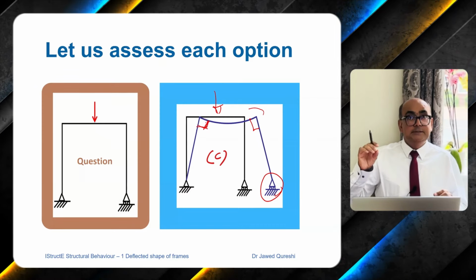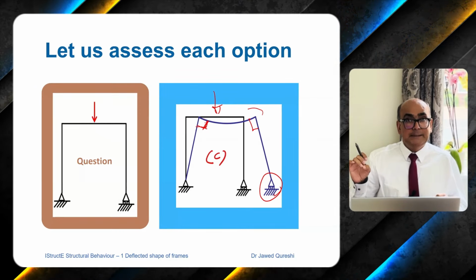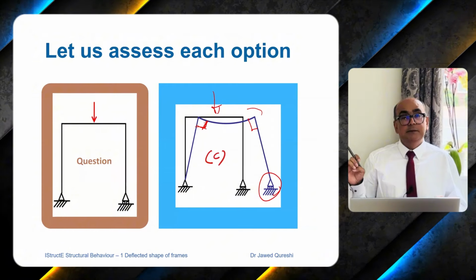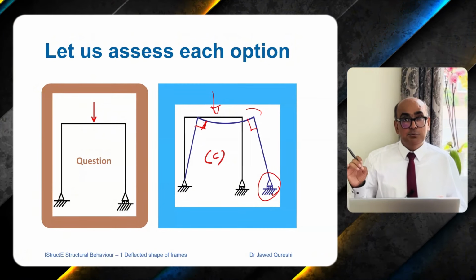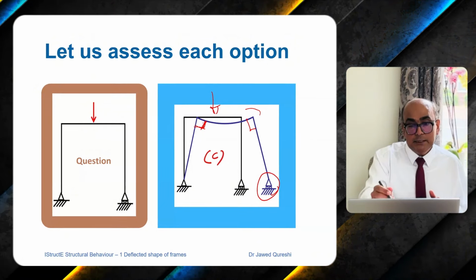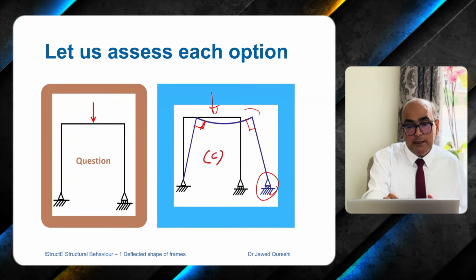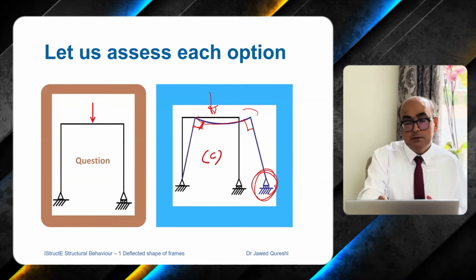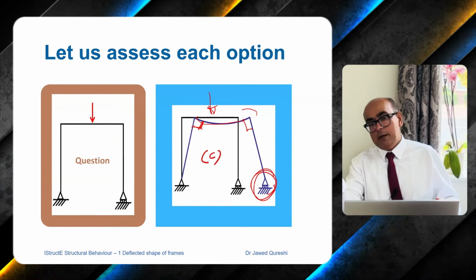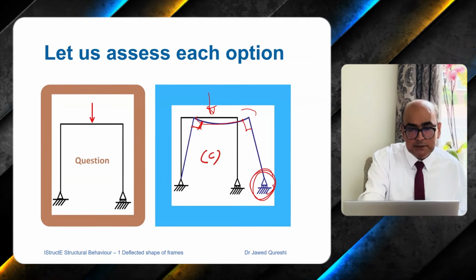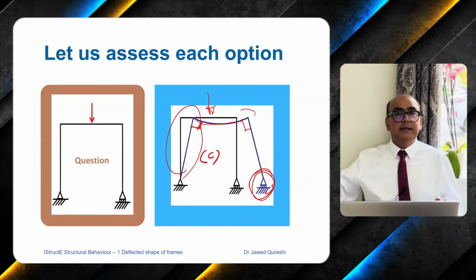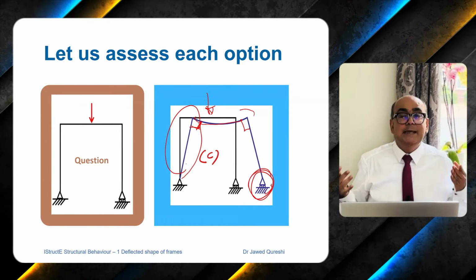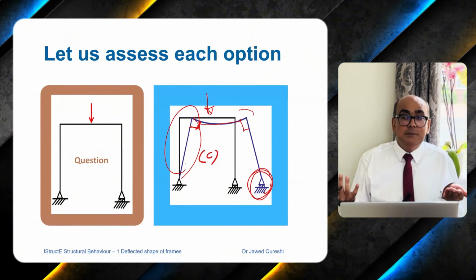So it satisfies the joint compatibility, the support condition, and the loading condition. Yes, when you are applying downward load, it should deflect like this. Because this roller support is moving rightwards, it is causing this column to move rightwards as well, without any deformation in the column itself.